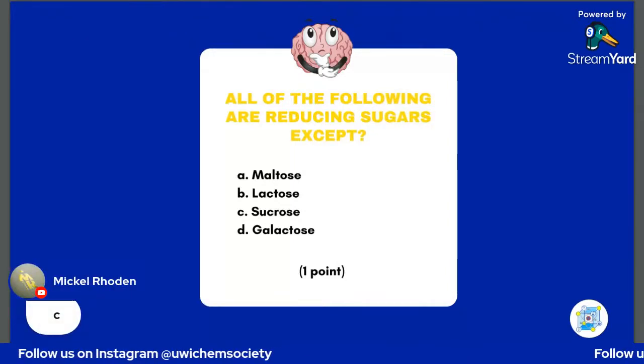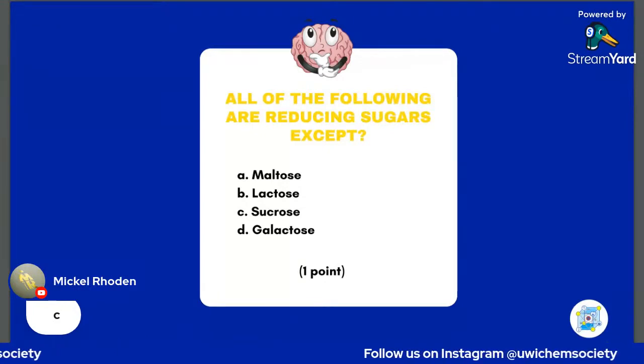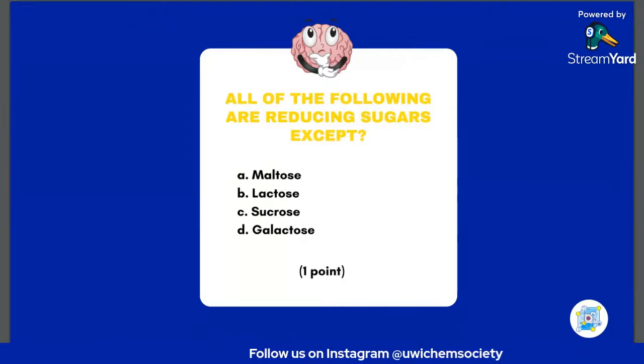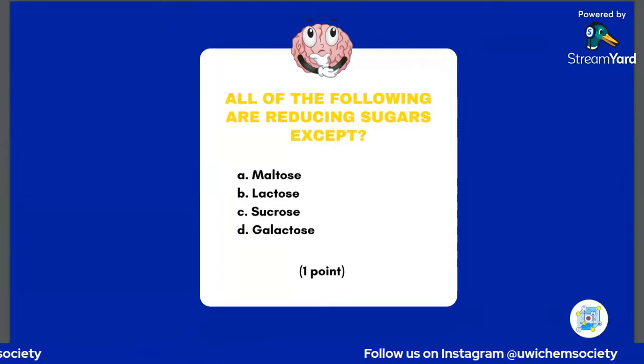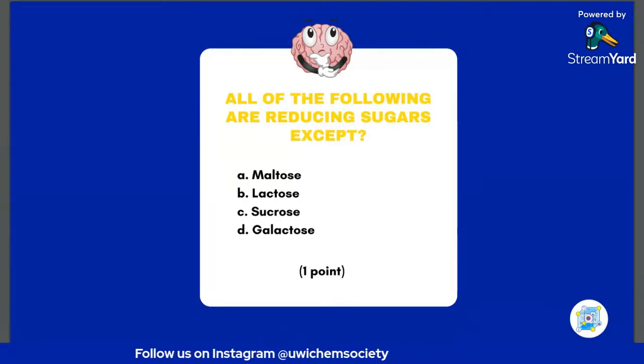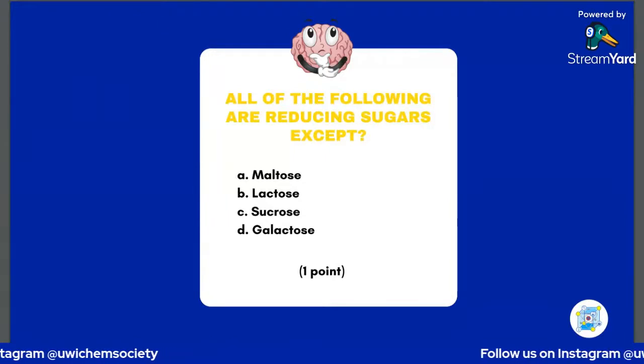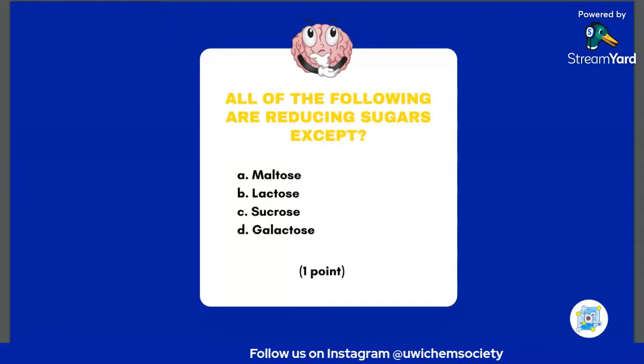The correct answer is sucrose. Almost all of these are disaccharides. So maltose, lactose, and sucrose are disaccharides. Galactose is a monosaccharide. However, all of them are reducing sugars except sucrose. So Mikkel gets that point. Next question.